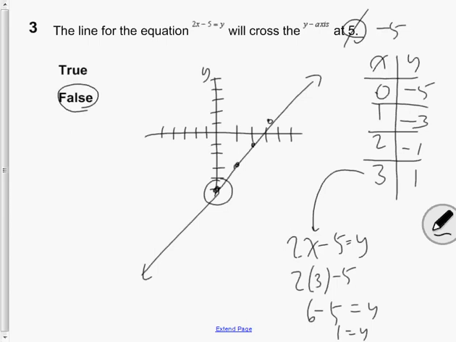And really what we've learned in grade 8 math is that the constant, in this case -5, will always be the y-intercept, or where the line will cross the y-axis.